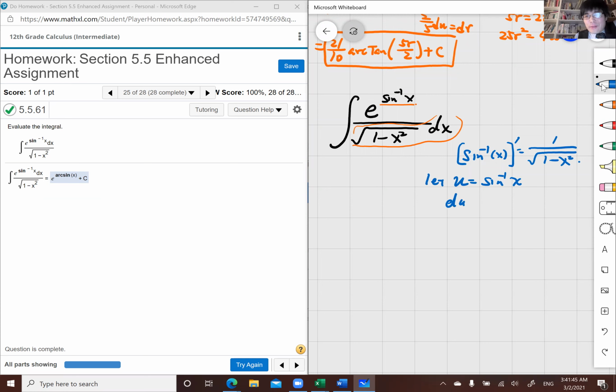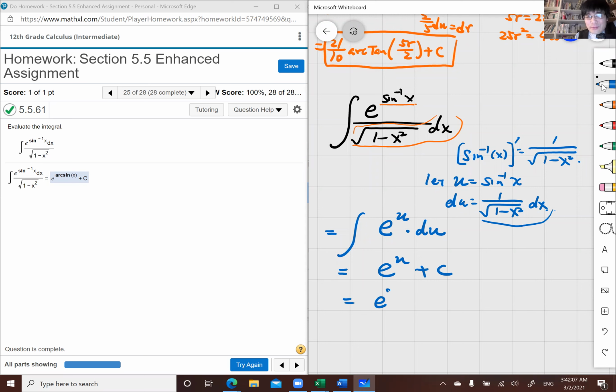Then du is 1 over the square root of 1 minus x squared dx. So after substitution, it's going to be e to the power of u times du. Everything together is du. So now the integral of this is just e to the u plus c, and bring it back to x.